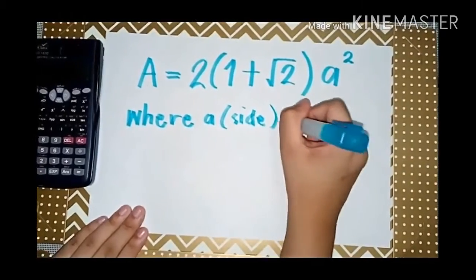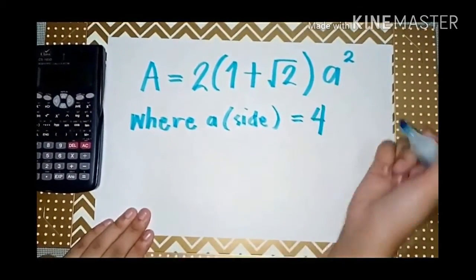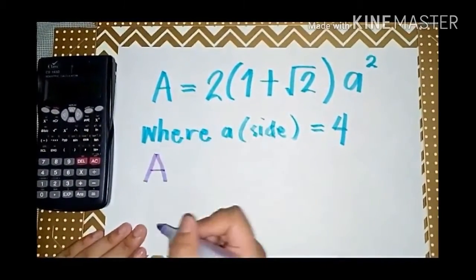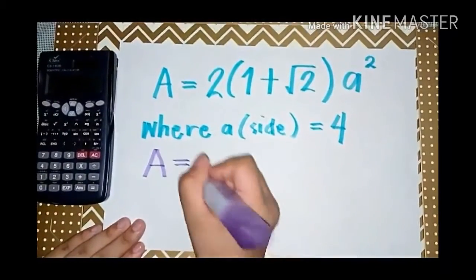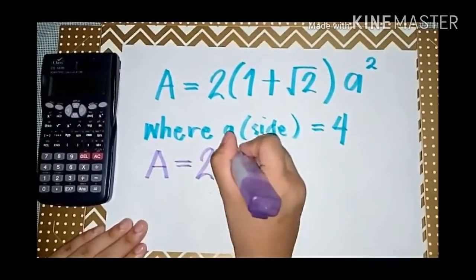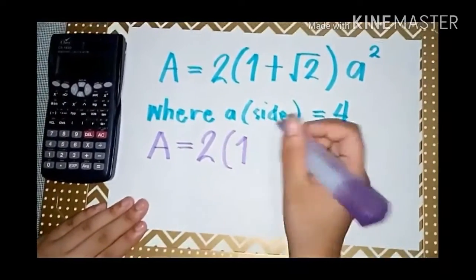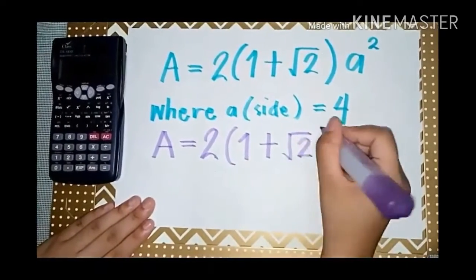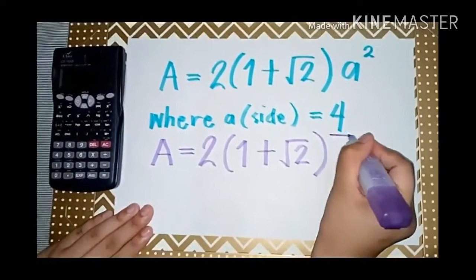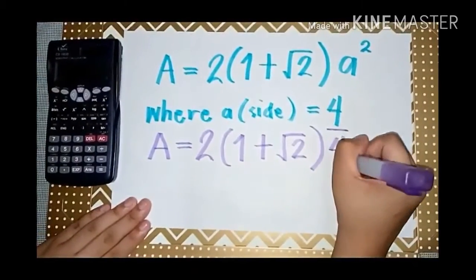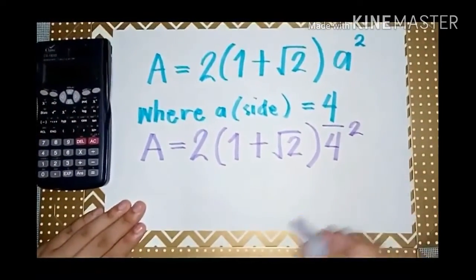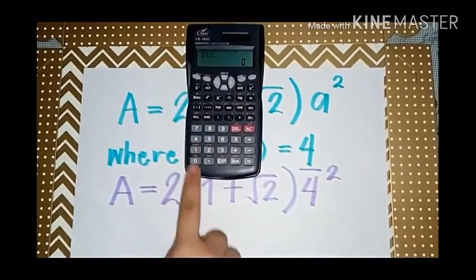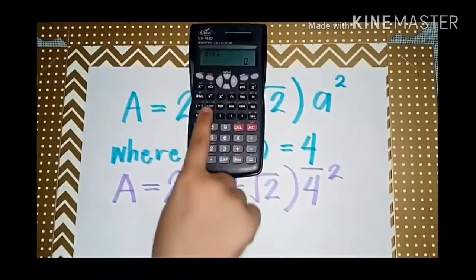For example, where a, or the side, is equal to 4, A is equal to 2 times the quantity of 1 plus square root of 2, times 4 squared. You can use a scientific calculator to solve for the area, or you can solve it manually.